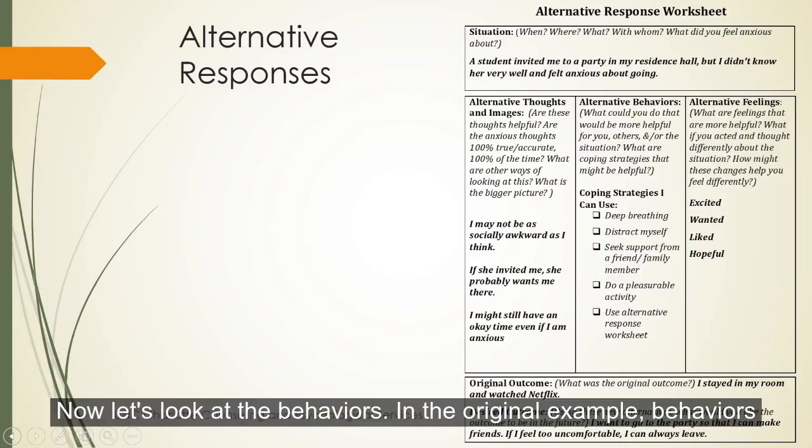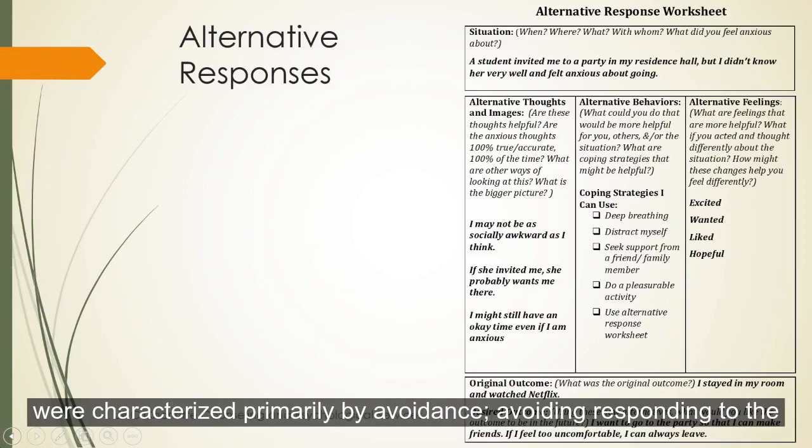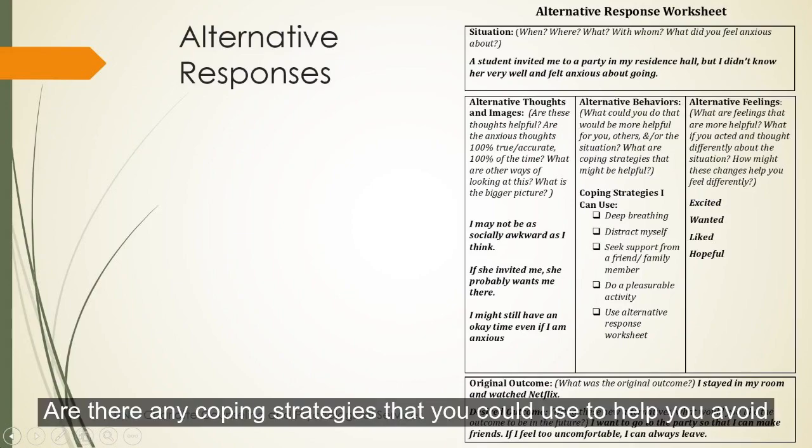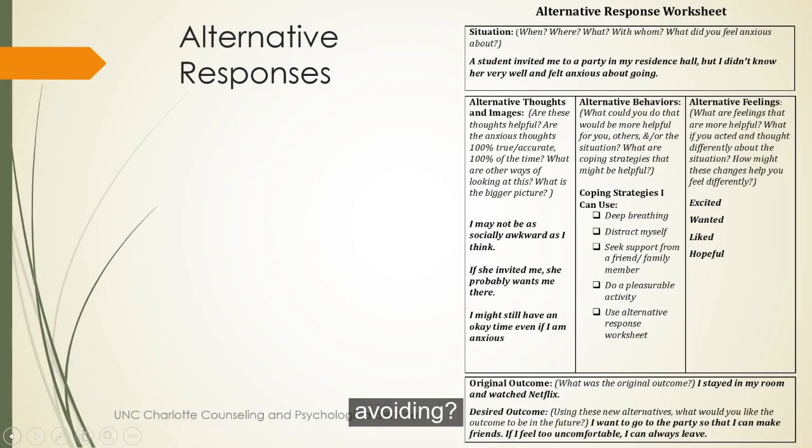Now let's look at the behaviors. In the original example, behaviors were characterized primarily by avoidance, avoiding responding to the invitation, avoiding going to the party. What could you do in this situation that would be more helpful? Are there any coping strategies that you could use to help you avoid avoiding?